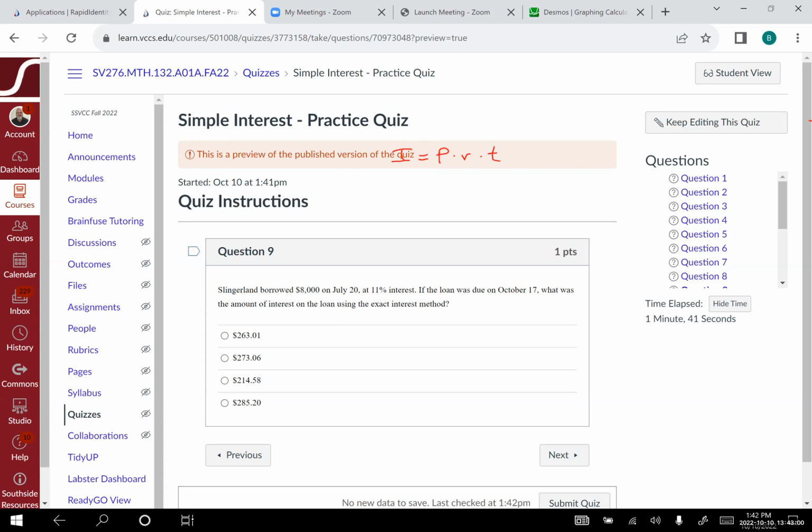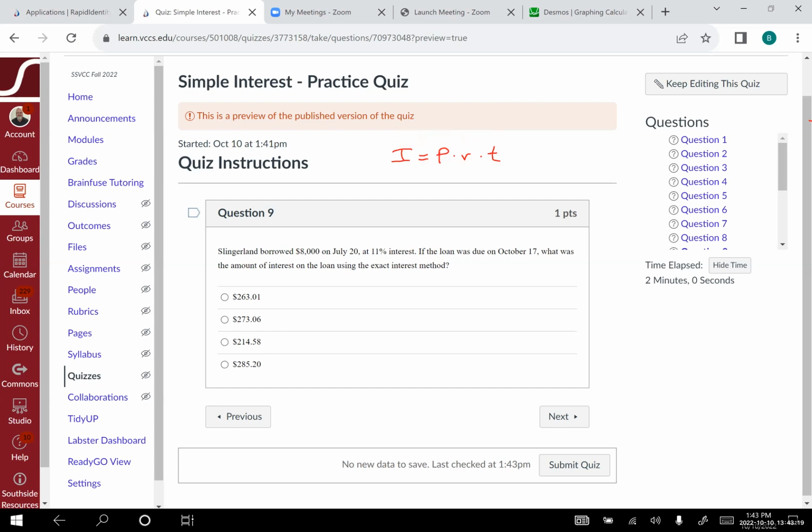So we got $8,000 at 11%. So that's our principal and our interest rate. Easy enough. We have to calculate our time. Obviously, it's going to be in days, but we have to do a little figuring. It's borrowed in July. It's going to be due in October.